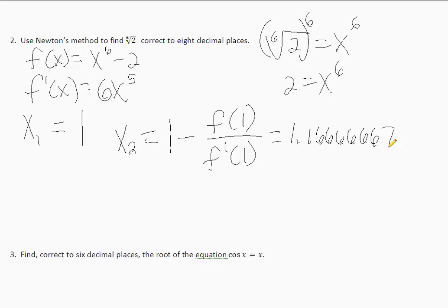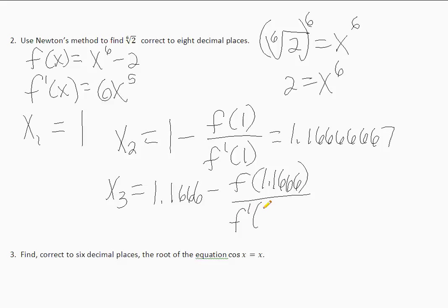Now I do that again. x3 would be the previous number, 1.1666, we'll take 3 decimals, minus f of that over f prime of that. And x3 should come out to be 1.12644368.